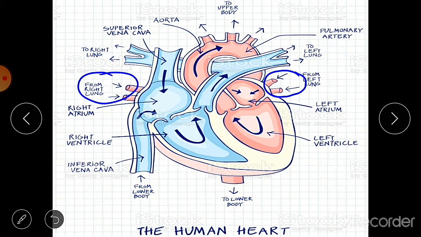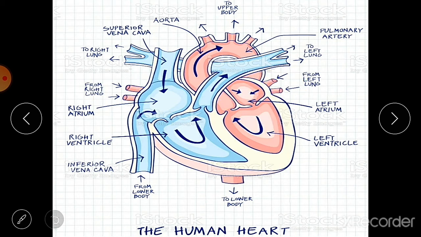So these two pulmonary veins and these two pulmonary veins bring this oxygenated blood into the left atrium. So this is oxygenated blood here in the left atrium.